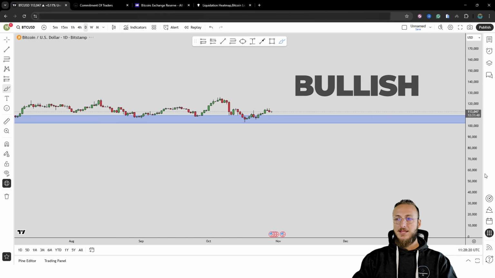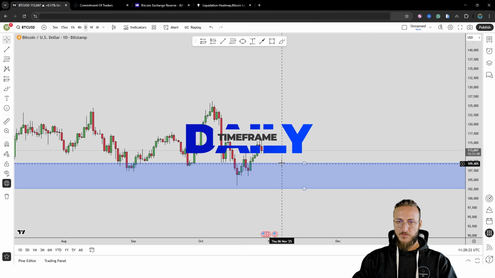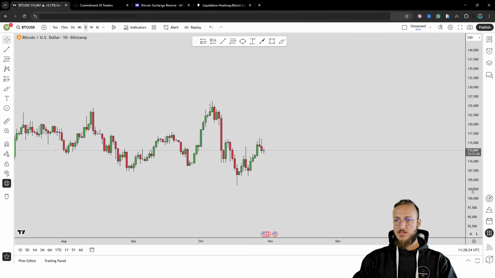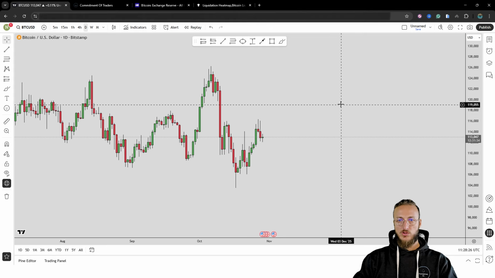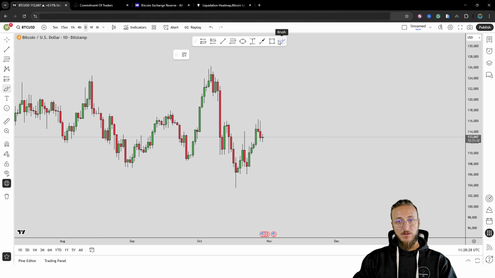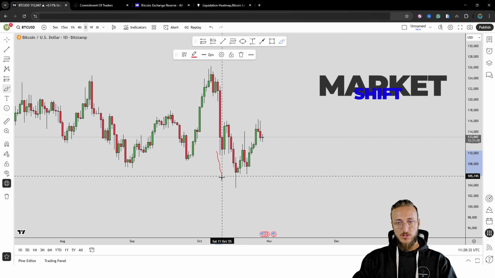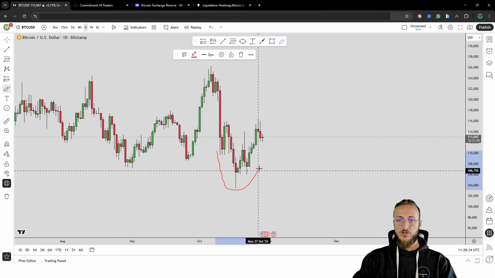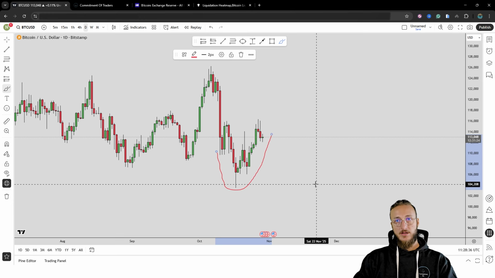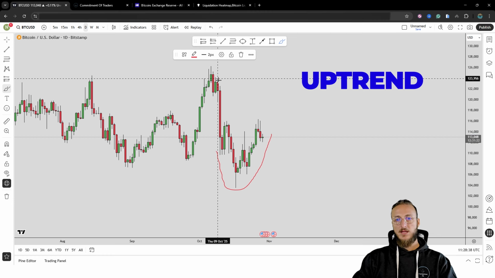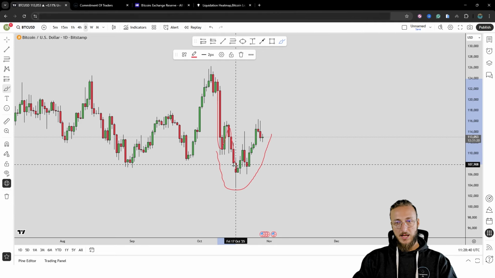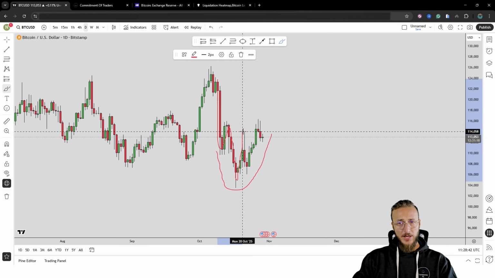Dropping down on the daily time frame, what do we see? Now, here in the daily, this is where things start getting quite interesting, because what we can notice is that we're having the possibility here of an inversion. The market seems to be shifting from the creation of lower lows and lower highs to the creation of higher highs and higher lows. We went, in fact, from the first lower high, lower low, another lower high.